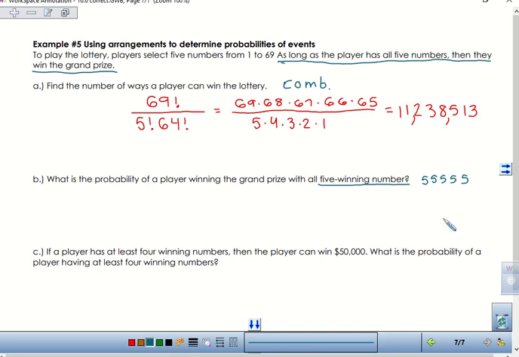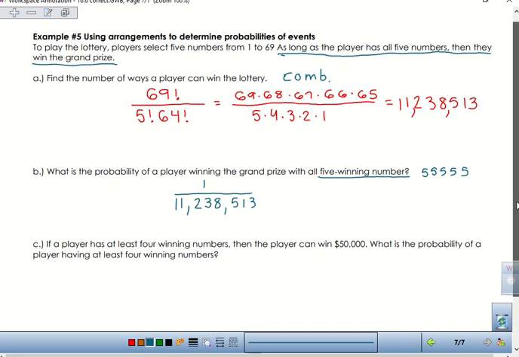So does the arrangement of the 5s matter? No, so there's only one way in which you can get all 5s. All over the total number of ways in which you can pick a number. So your chance of that happening is 1 out of the 11 million number. Not great odds, no. Any questions about that?